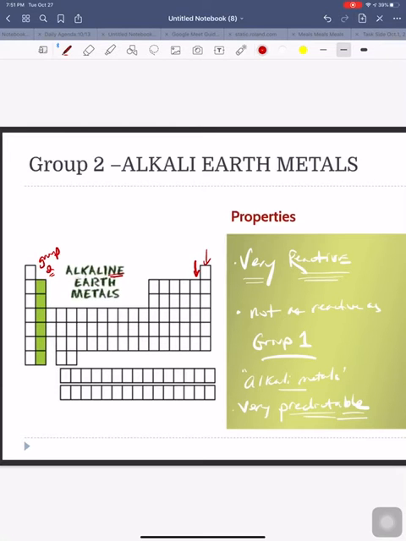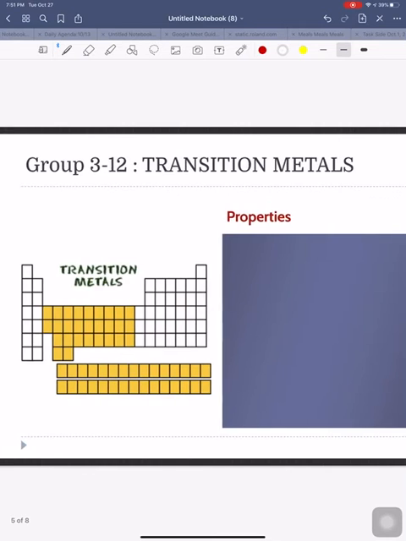So this has been our two metal groups that are our dominant members that we're wanting to kind of get to know. Now, on our way over to our halogens and noble gases, we're going to go through our transition metals.